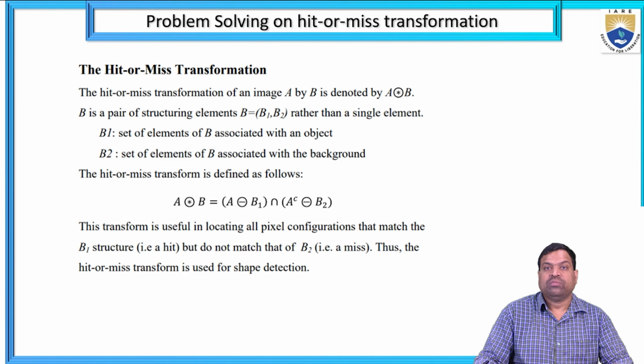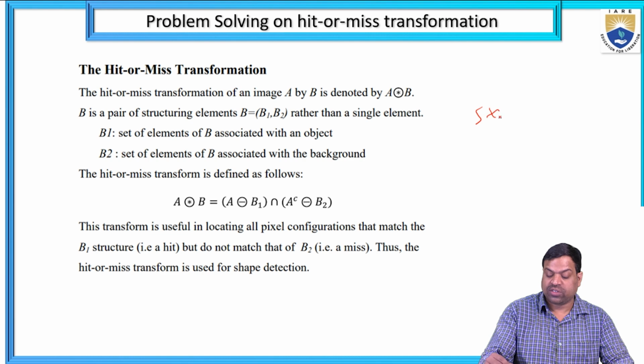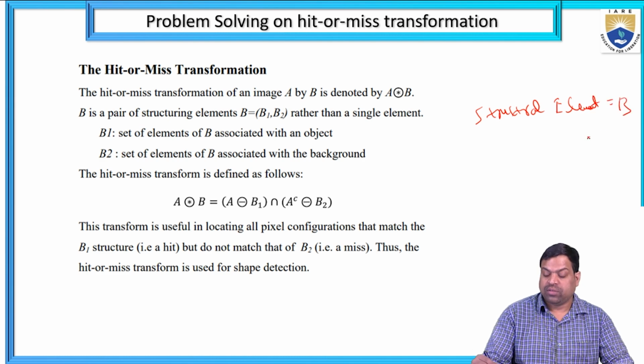The hit or miss transform of a binary image A by B is denoted by A ⊛ B, and B is a pair of structuring elements. Already we know that. B equal to B1 comma B2.